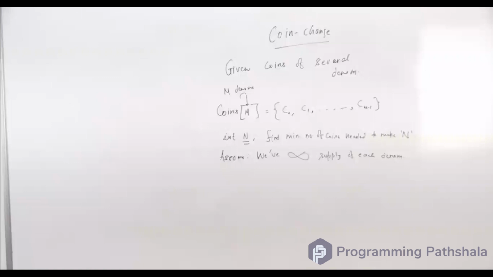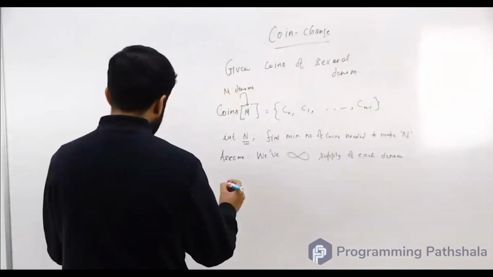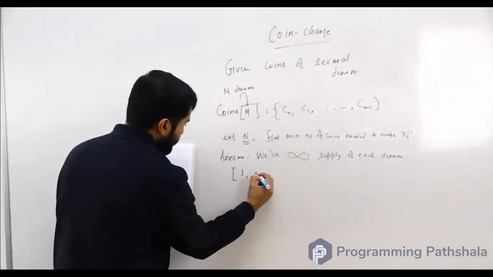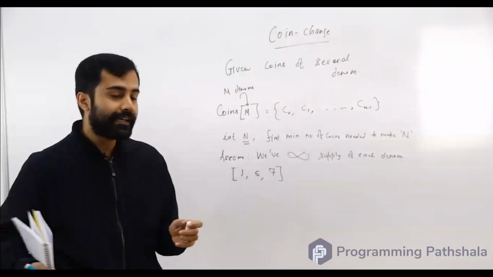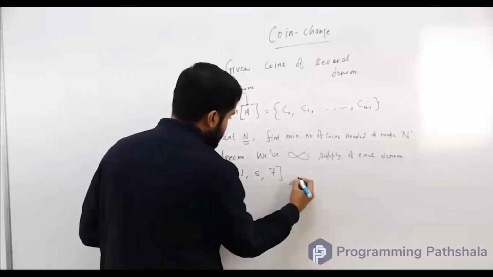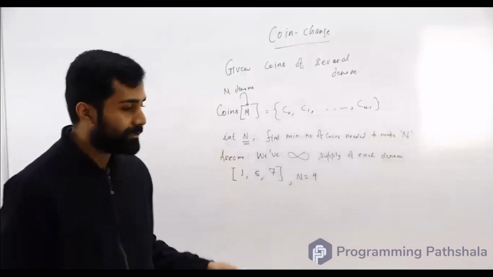Want an example? Let's say the denominations array that we have has 1, 5, and 7. So we have got infinite coins of 1 rupee, 5 rupee, and 7 rupee. And now the value of n is 9. So tell me, what is the minimum number of coins that you need to make 9?